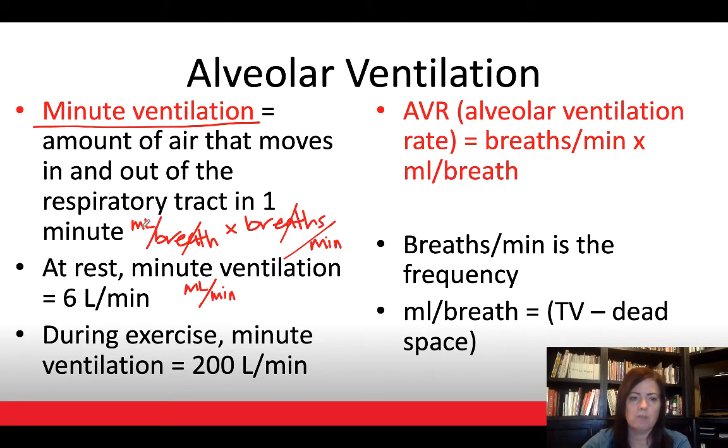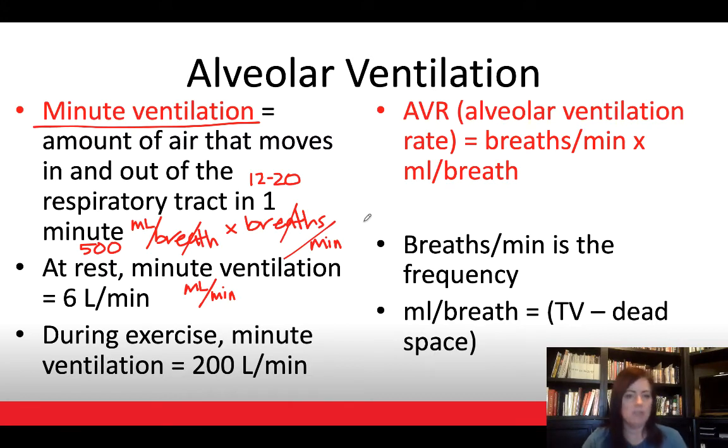But if we say, okay, milliliters per breath is typically about 500 milliliters per breath, and breaths per minute, what's a typical respiratory rate for a patient? Typically anywhere from 12 to 20 breaths per minute is what we normally see. So if we had, I'm going to pull up my calculator here.